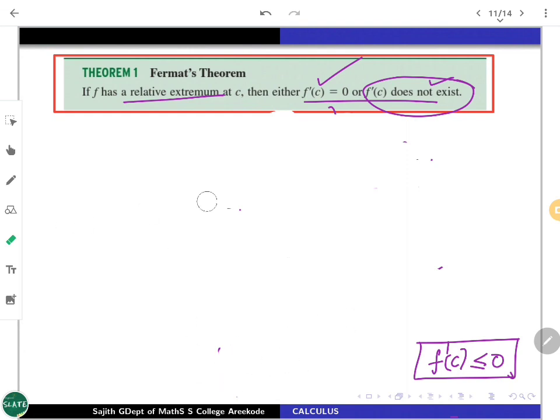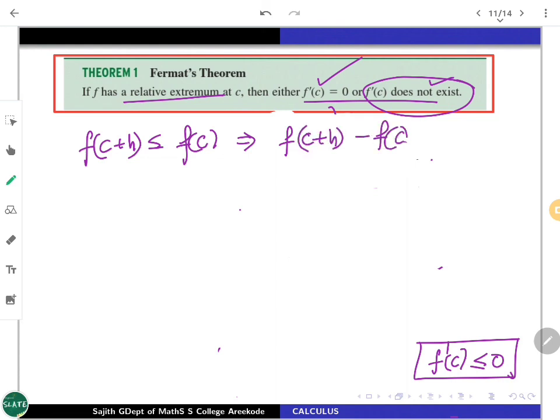Now if I pick h to be negative and sufficiently close to c, I don't want to jump over I. That is the meaning. Then again f of c plus h is going to be less than or equal to f at c, because of the relative maximum at c, which says f of c plus h minus f of c is less than or equal to 0.